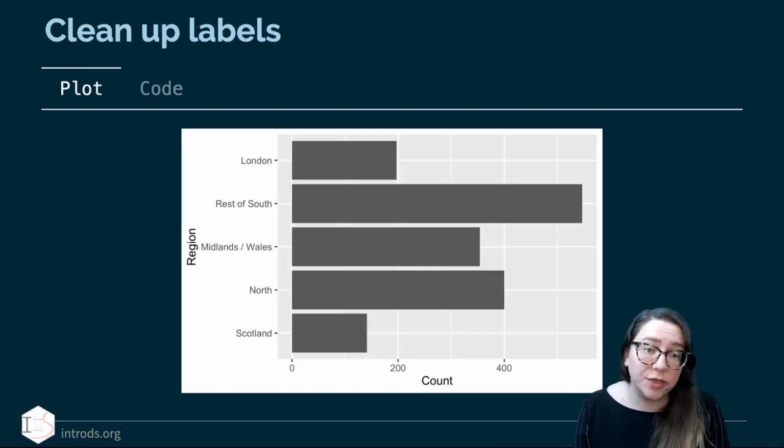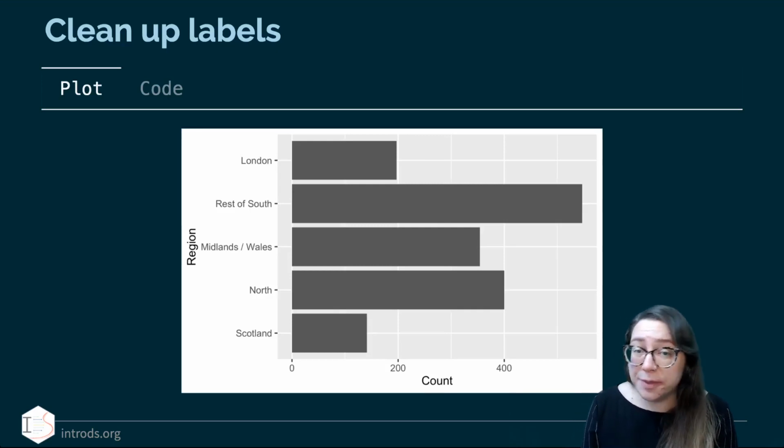But the answer to this question about is it obvious should not be answered in a way as, is it obvious to you, the plot maker who already knows a lot about this data set? But you want to be thinking about, who is my audience? Do I have a local audience for whom these regions would make a lot of sense and don't need to be labeled as region one more time?